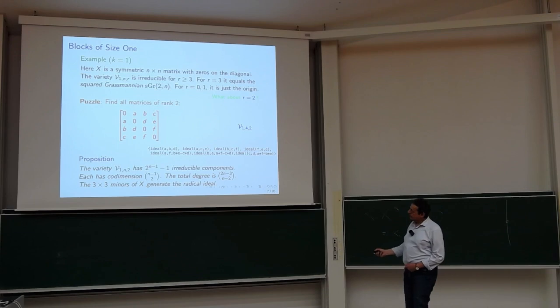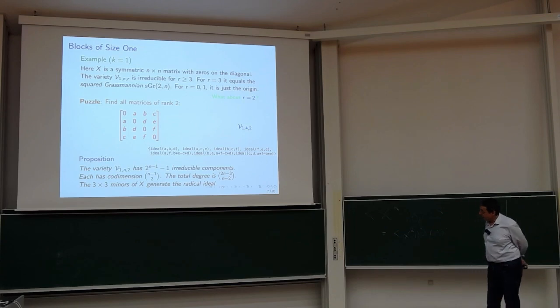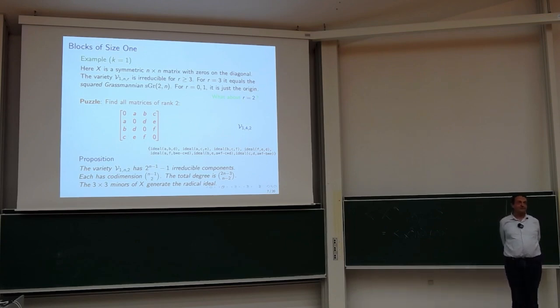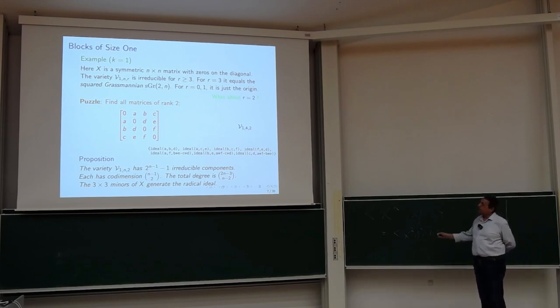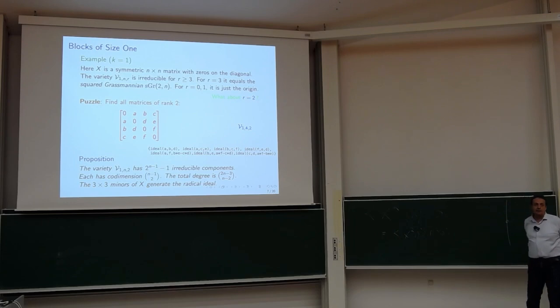Now in general, this variety V1n2 has 2 to the n minus 1 irreducible components. That's the number 7. Each has codimension n minus 1 choose 2. That's the number 3. And the total degree, if you add up the degree of these varieties, is 2n minus 3 choose n minus 2.